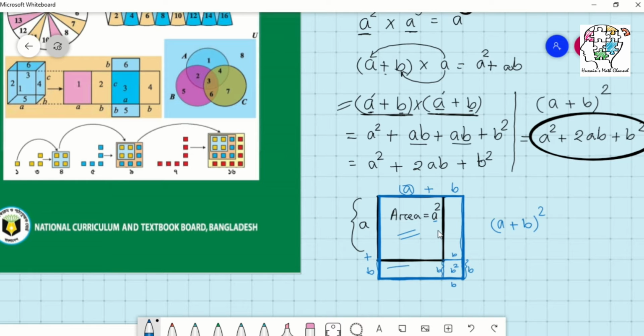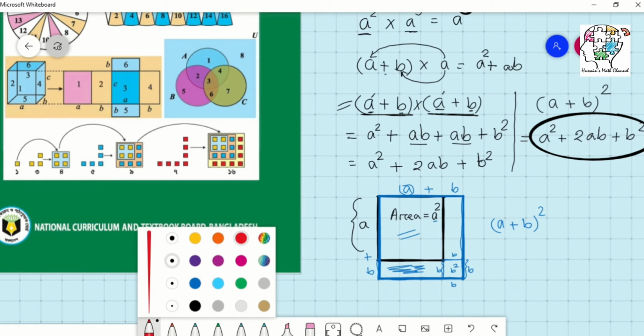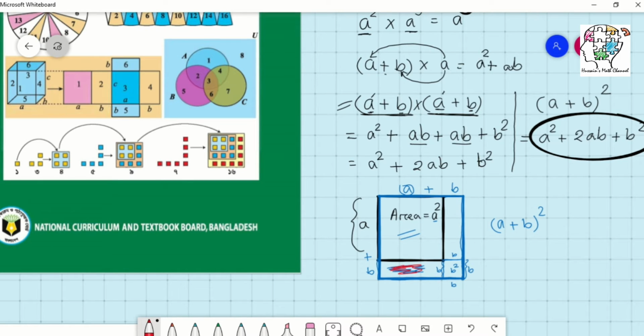And this area is a times b, right? This is a rectangular shape, so a times b, that means ab, and this area is also ab. This is also a rectangular shape here, and this is ab, this is ab.